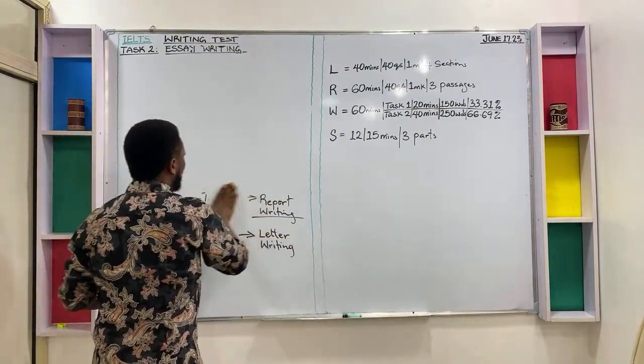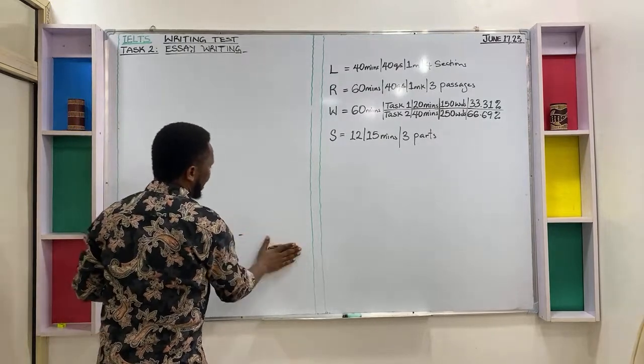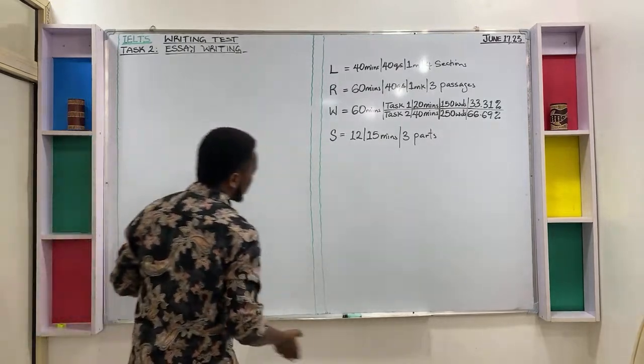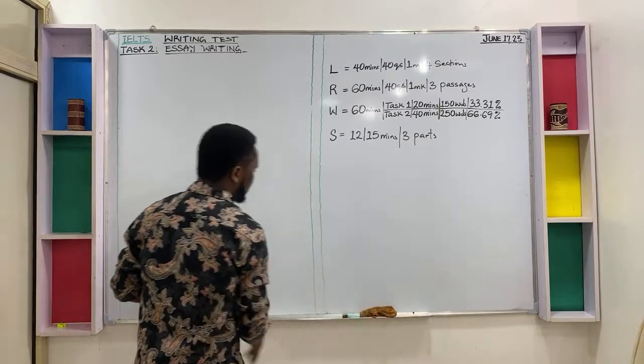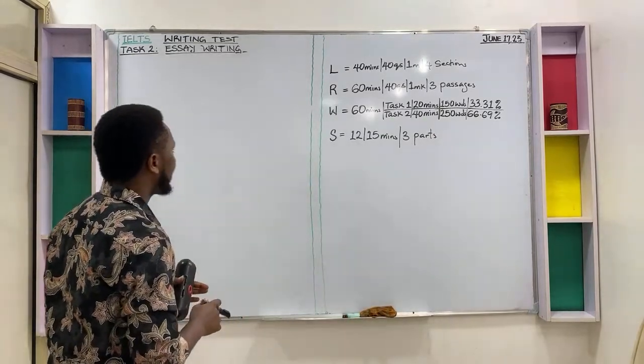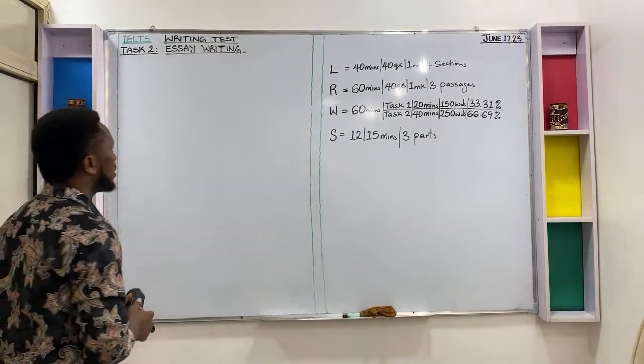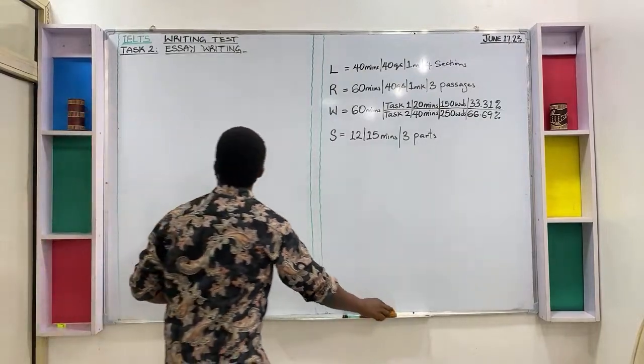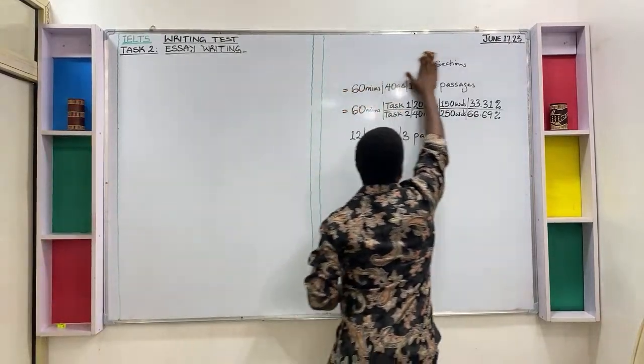Then for task 2, everyone writes an essay. Whether you're going for study or for a job, everyone writes an essay. So that's it. Let's begin with the essay writing.